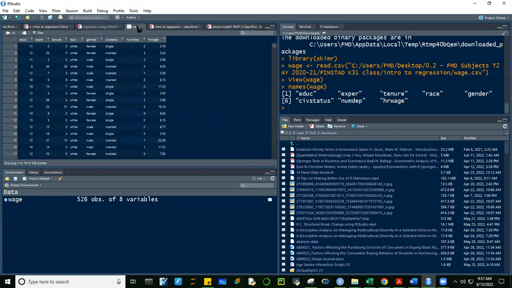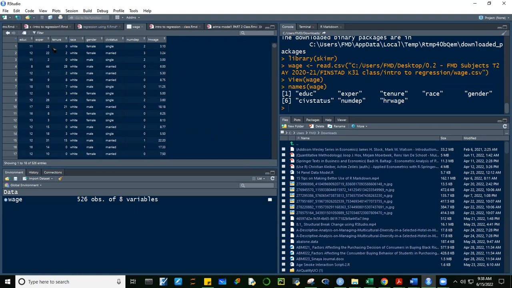If we take a look at the data set, we notice that 3 are categorical and 5 are quantitative. We're interested in knowing the relationship between the independent variables, or predictor variables, or explanatory variables, and our outcome variable, or response variable, or dependent variable, which is hourly wage.